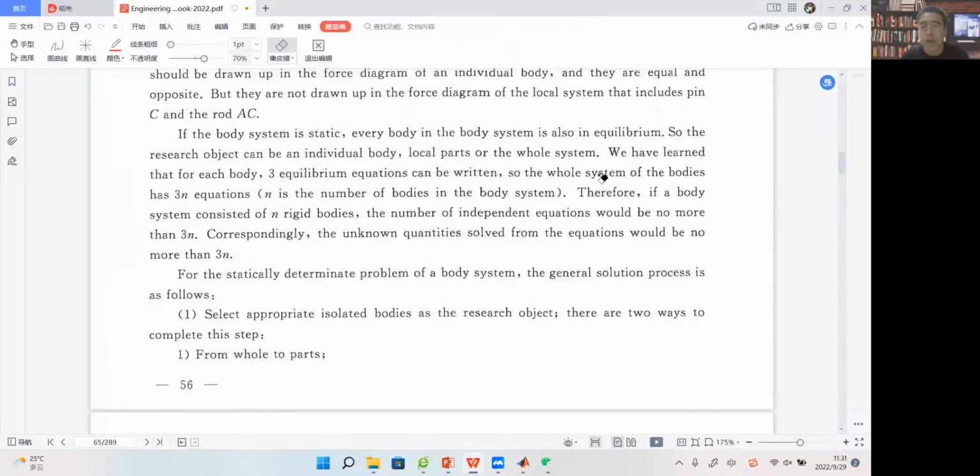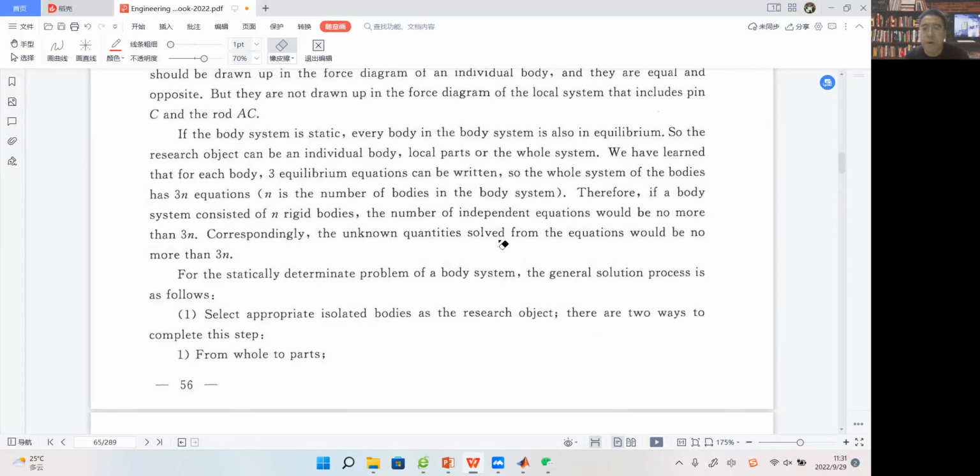And so the whole system of bodies has 3n equations because we have n parts. Actually, this n should exclude the frame, because the frame never moves. So n is the number of bodies that can move in the body system, right?